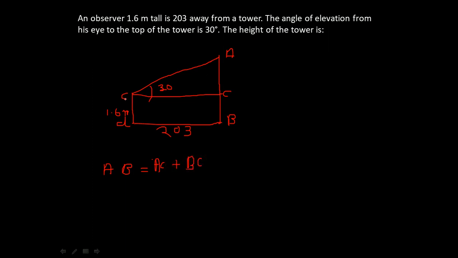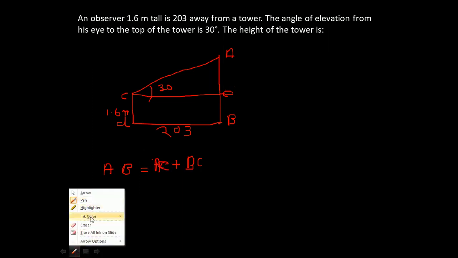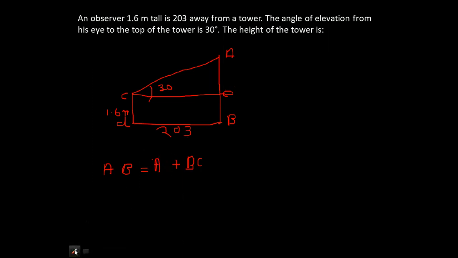One thing: CDBE is a rectangle, and in a rectangle the opposite sides are parallel and equal. So EB will be 1.6, and this CE we have as 203.